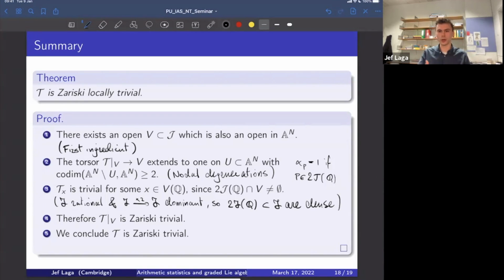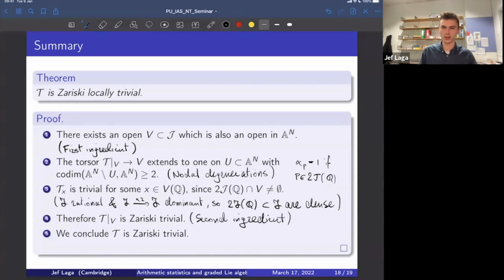So since V is open and 2JQ is dense, they will intersect. So there will be a point where it's trivial. So by our second ingredient, this implies that this torsor is Zariski trivial.